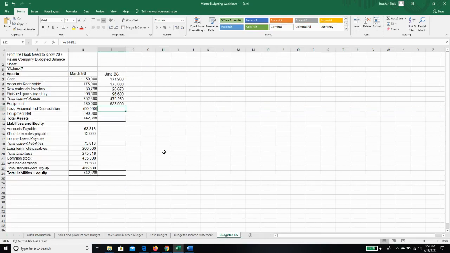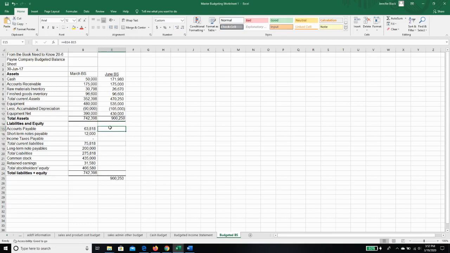So our accumulated depreciation is going to be our previous minus 5,000 a month, or 15,000 for the quarter. And so our net equipment is going to be 430,000, and our total assets is going to be our current assets plus our net equipment. So our total assets are $900,250.